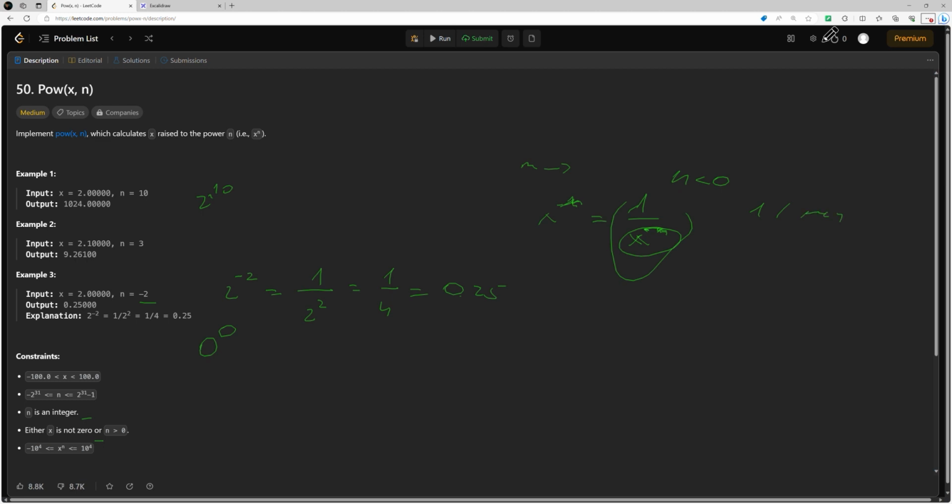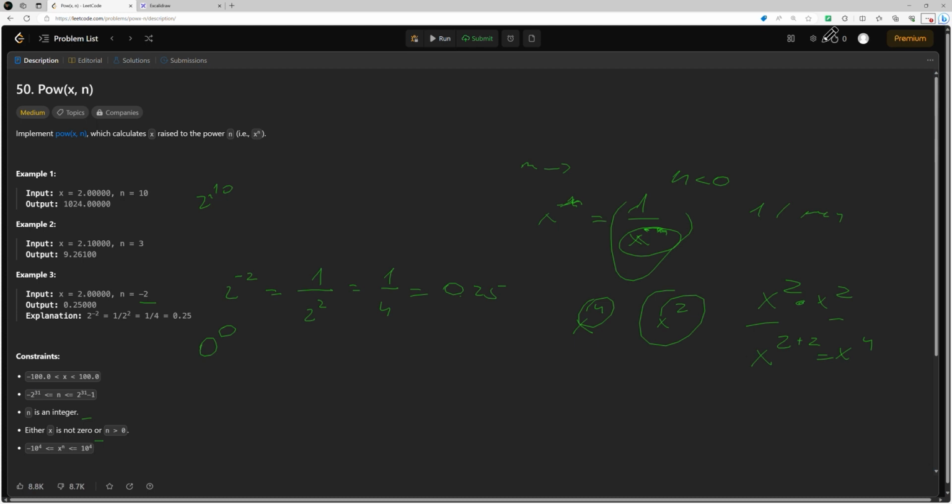The second thing is that if we have, for example, x to the power of 4, and we have already calculated x to the power of 2, how can we use x to the power of 2 to calculate x to the power of 4? Basically, that is x to the power of 2 times x to the power of 2, because if we have the same base, we can add the exponents. So that means that there is a recursive relation for this function.